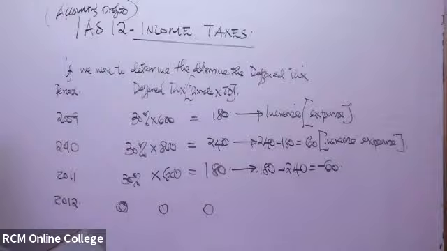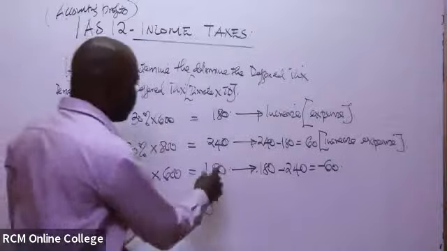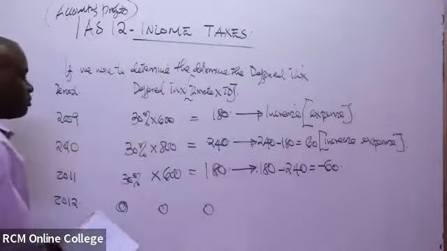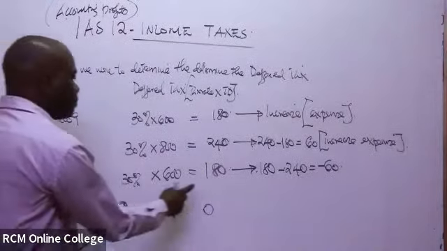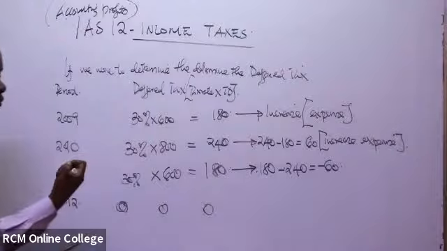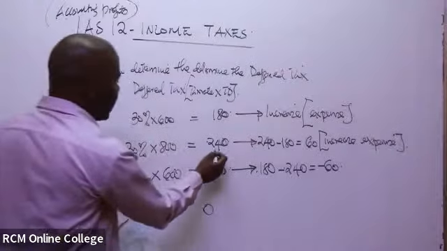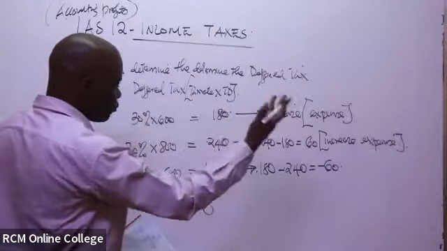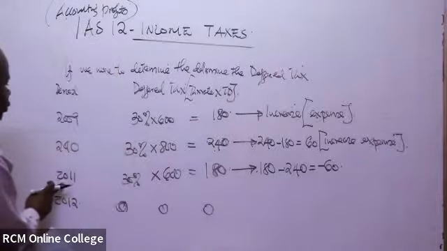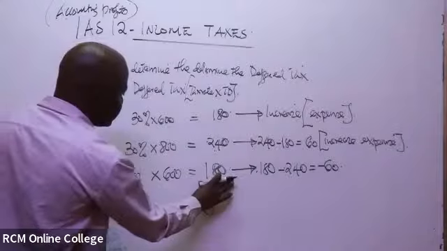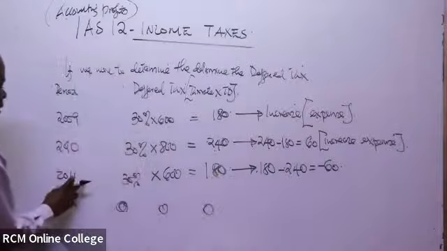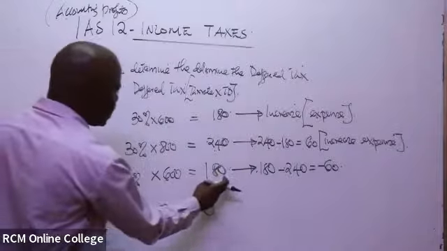By the start of the year you are having 240. But by the end of this year, 2011, the deferred tax liability had reduced. Remember, this one you carried forward as a balance carried forward. So it was brought down in 2011. By the end of the year 2011, the deferred tax liability had moved from 240 at the start of the year to 180.